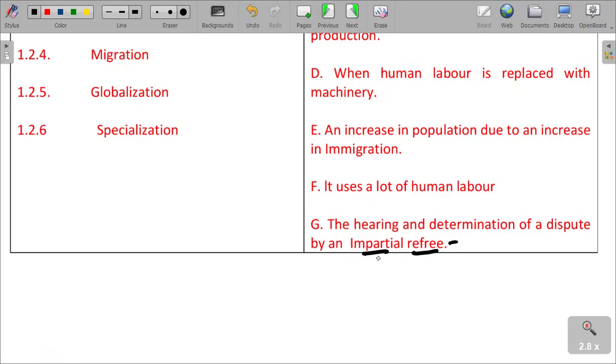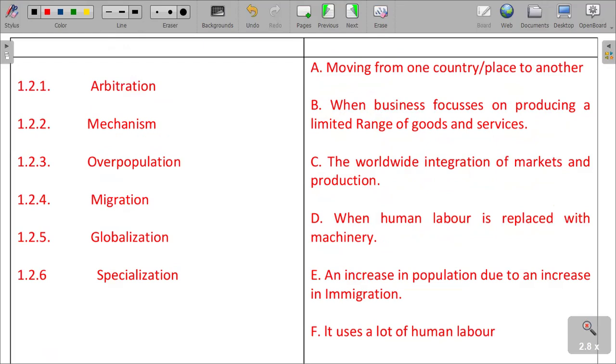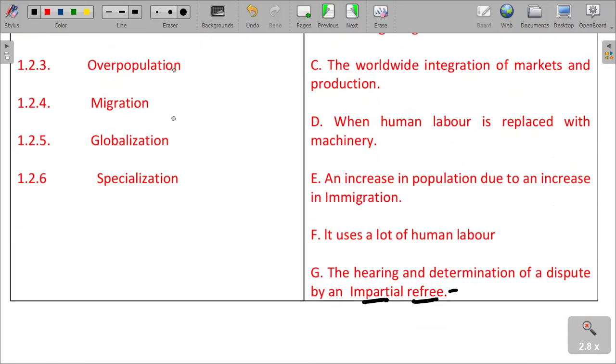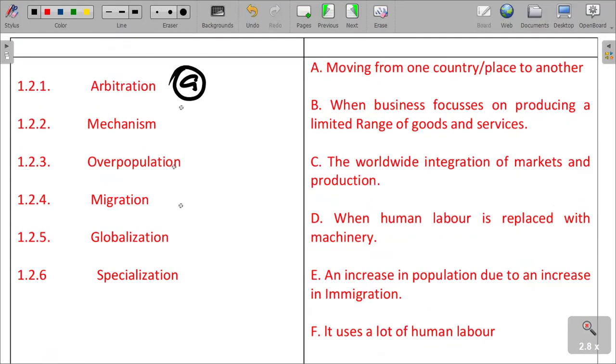So arbitration is G, the hearing and determination of a dispute by an impartial, neutral party.